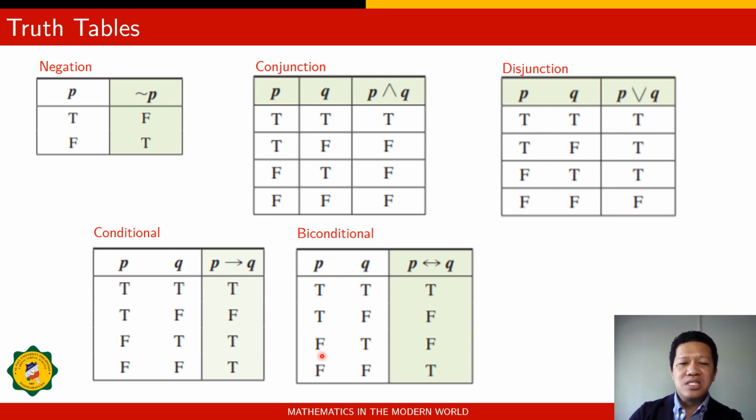And if we have the first statement as false and the second statement is true, that will be false. So you need to memorize this table in order for you later on to find the truth value of given compound statements. We will have an example of this in the next slide.